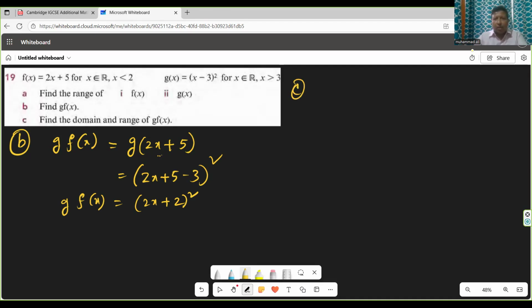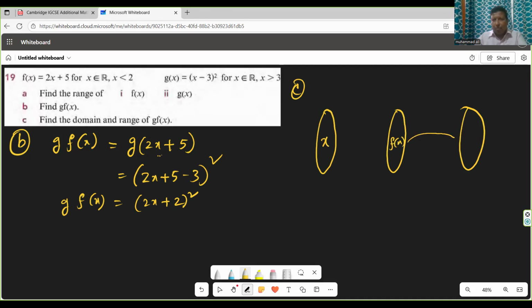Now find the domain and range of gf(x). Part C, we have to observe this mapping. x is mapped with f(x), f(x) is mapped with g(x). In the f function, x belongs to real numbers and x < 2. In the g function, x belongs to real numbers and x > 3.